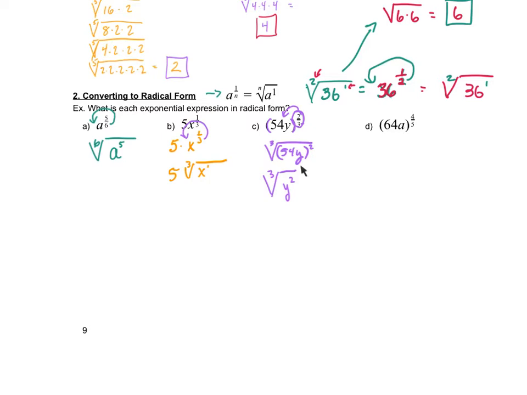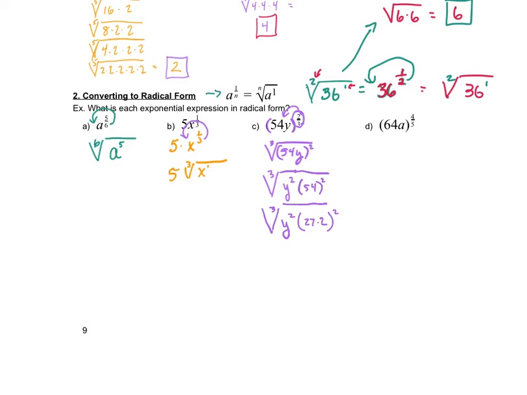But we need to look at this 54. That's going to be 54 squared. I'm breaking this down because I'm trying to show you some of my thinking: 54 is 27 times 2, squared.